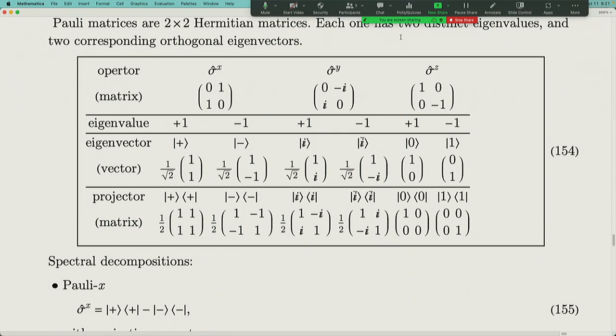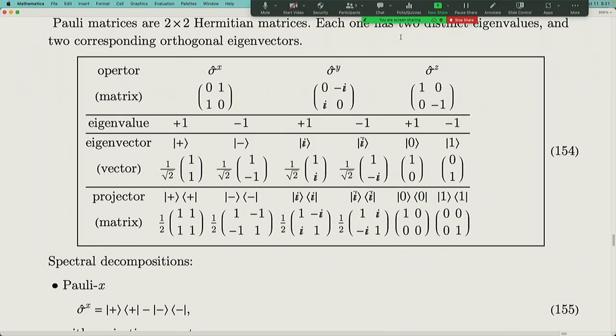For the plus state, the eigenvalue is +1, and for the minus state, the eigenvalue is -1. You add them together. It's actually a plus sign, but because the eigenvalue is -1, it becomes a minus sign.